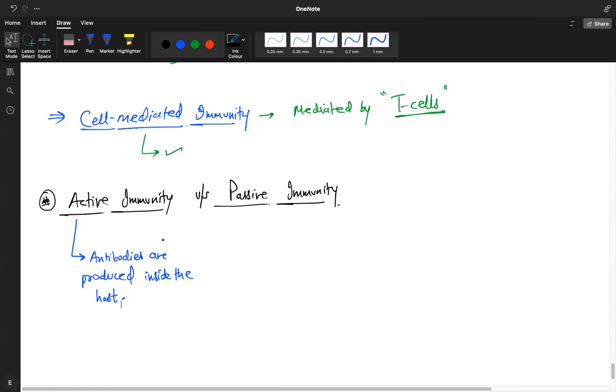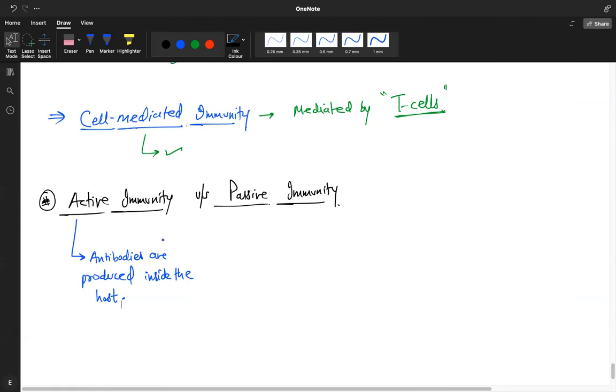So what purpose will it serve? Don't you think I'm taking a risk? I'm just heat killing the virus and putting the virus in the body. What's going to happen? Now let's come to the features of adaptive immunity. Remember that the first response is always low intensity and slow, correct? Why is the first response low intensity? Because the body is trying to figure out what the pathogen is and how to kill it.